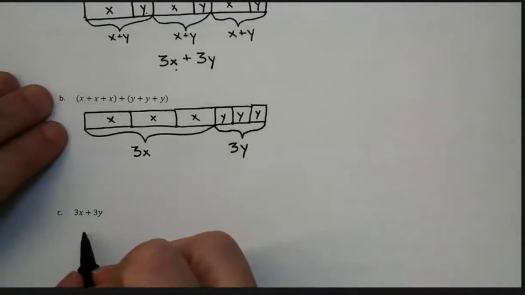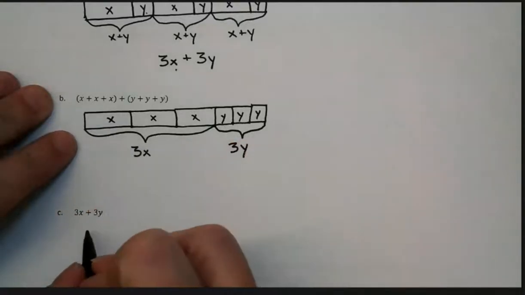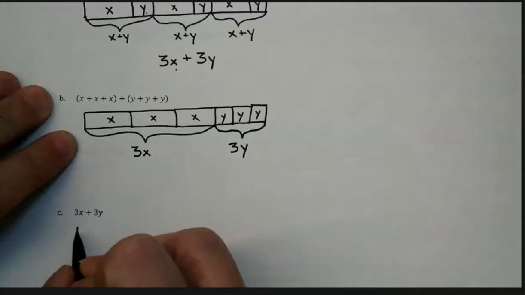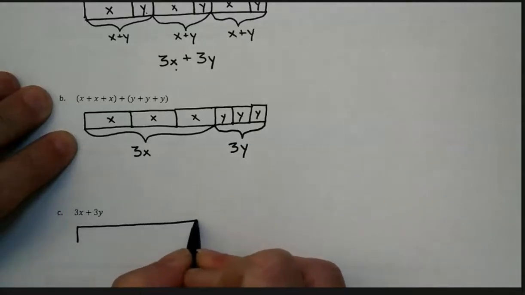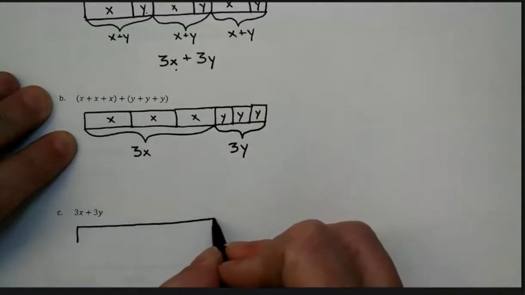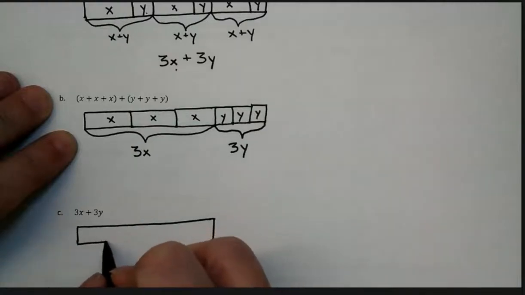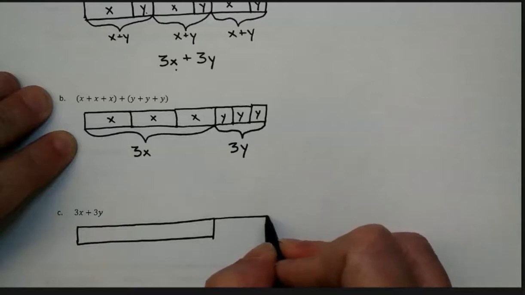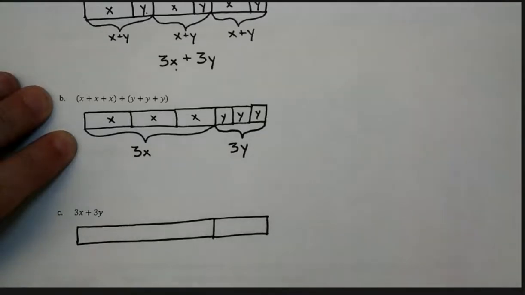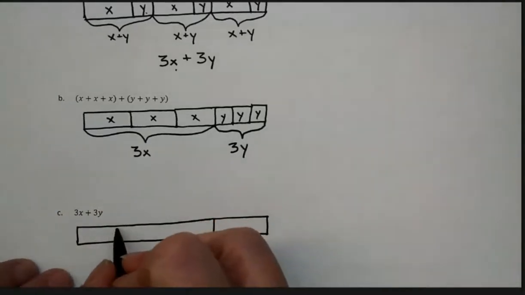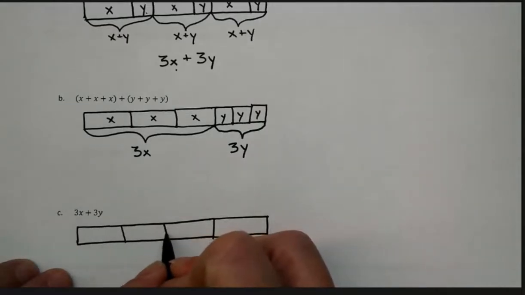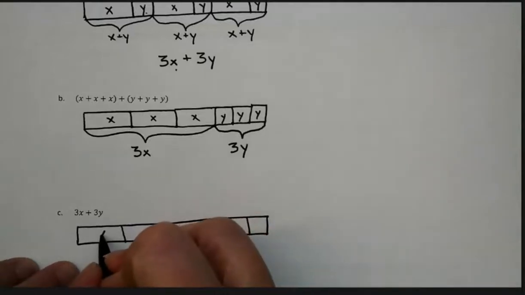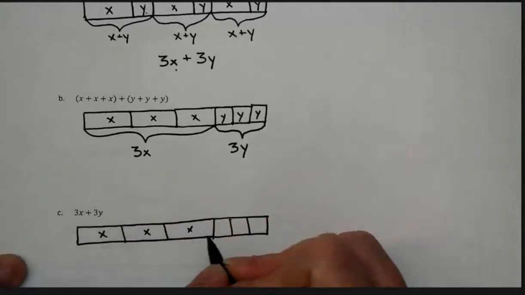Think of this. We've really got the same exact thing as what's right above it. I'm really trying to draw that as close as I can to the ones right above it. We have our x, x, x.